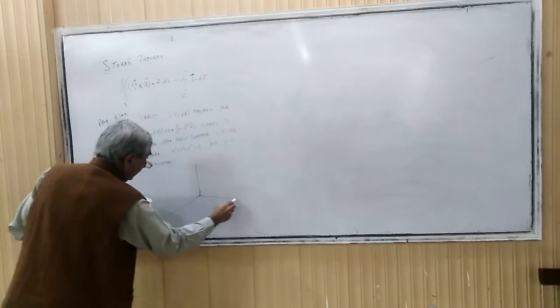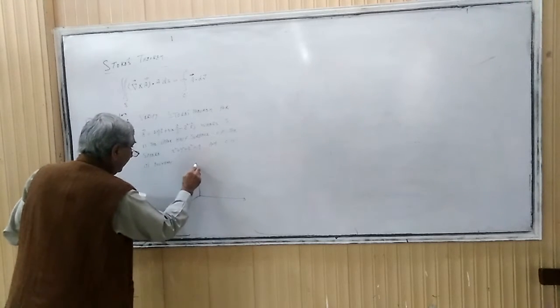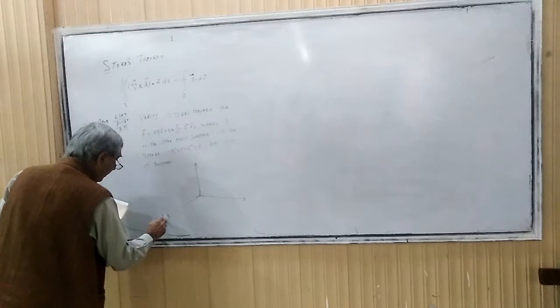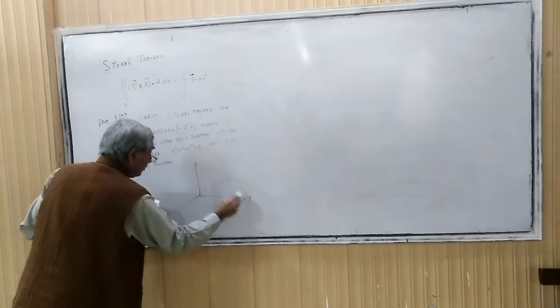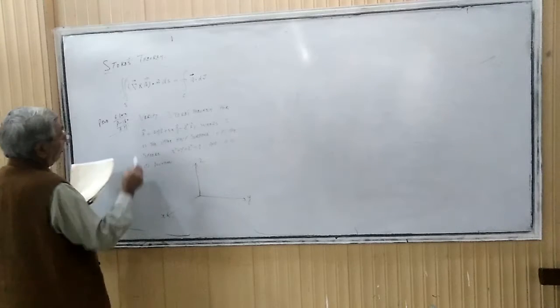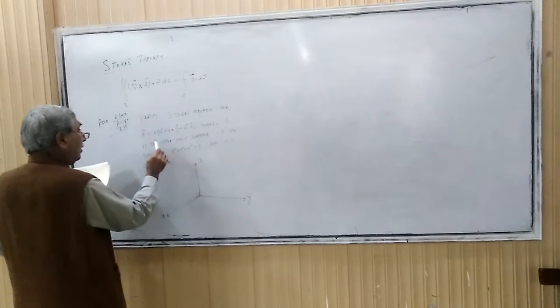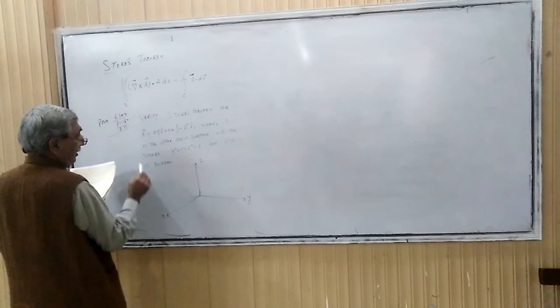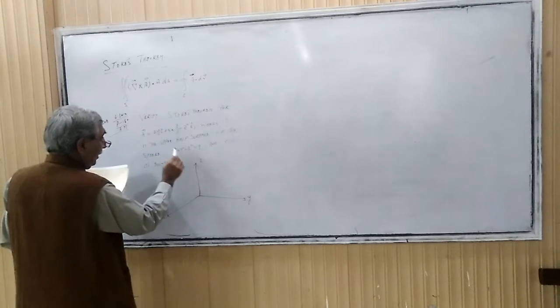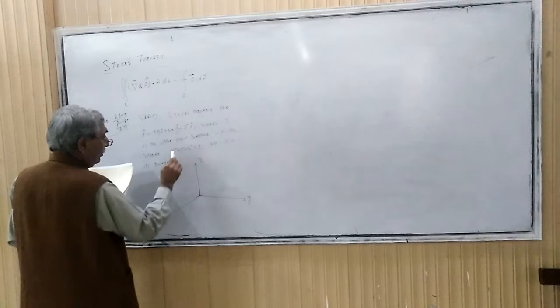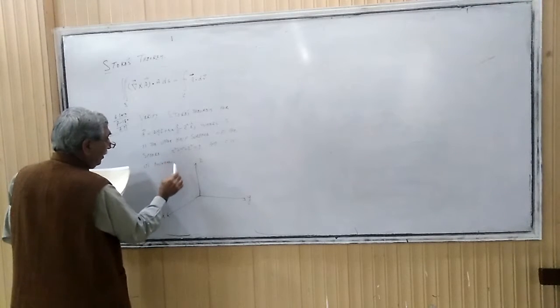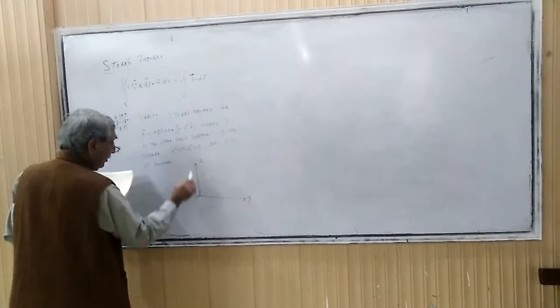This is your x, y, z coordinate axis in three dimensions. And now look at the statement. S is the upper half surface of a sphere x square plus y square plus z square is equal to 9. So this is a sphere whose origin is at 0.